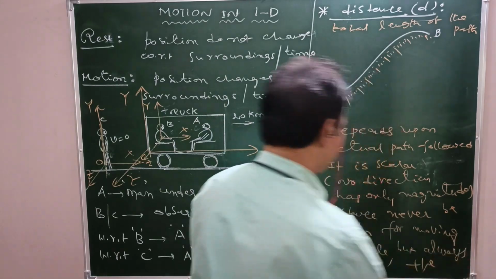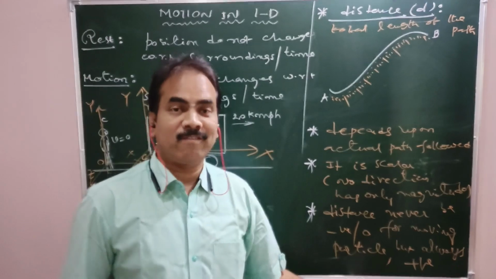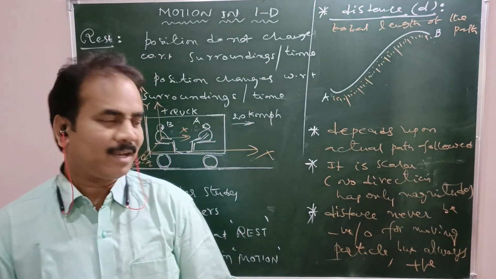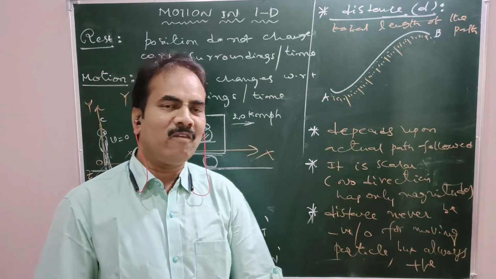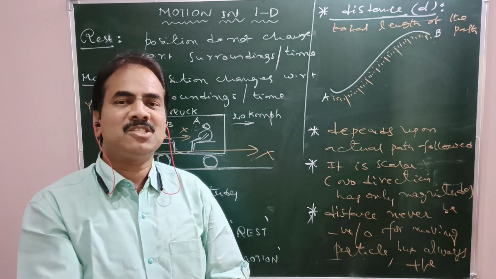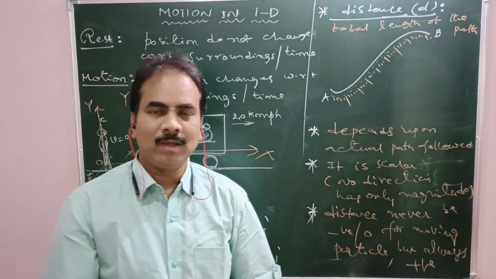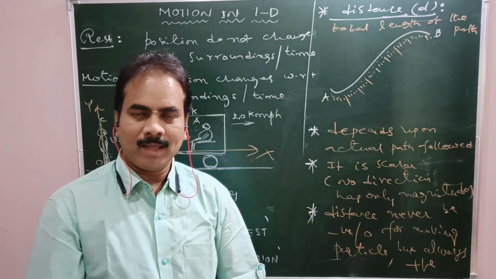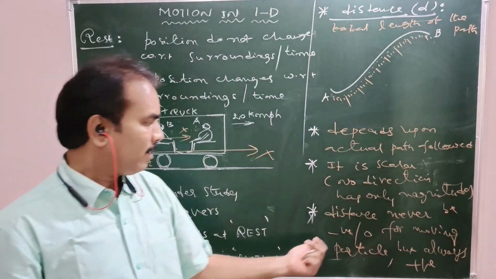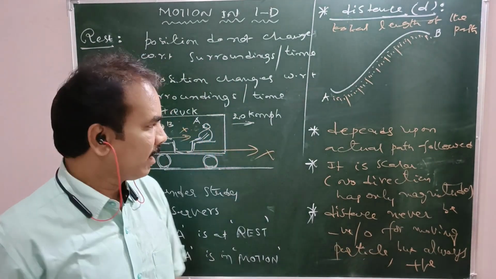Not for a stationary particle. For a moving particle, whether it moves forward or backward, distance is always additive, not subtractive. Distance is always additive with a positive sign, but not negative and not zero. Always positive for a moving particle.